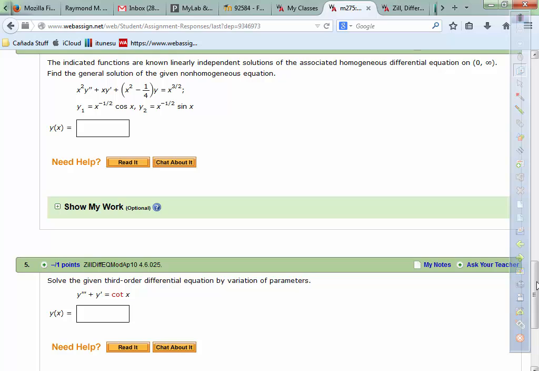Five is third order. Oh, let's do 4. Oh, 4 does not have constant coefficients. We're at 4.6.